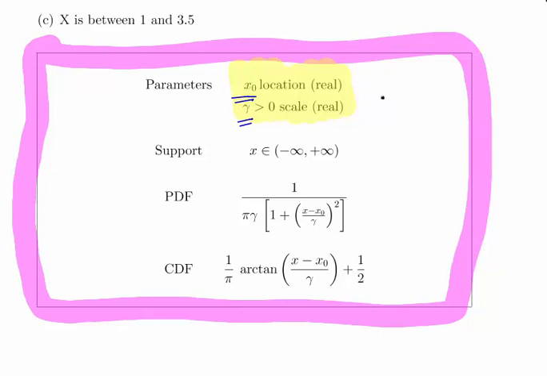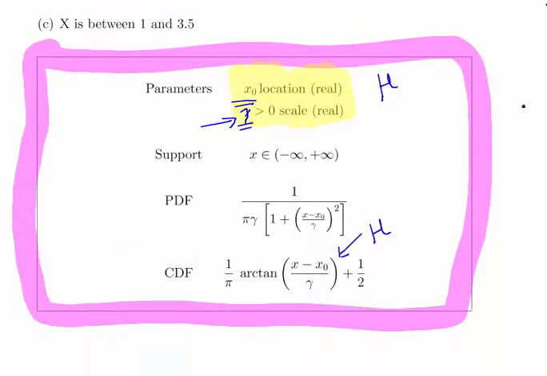Here mu is the location, and in the notes in this formula it is x0, and the gamma, that thing that looks like a y, I have up here as lambda.